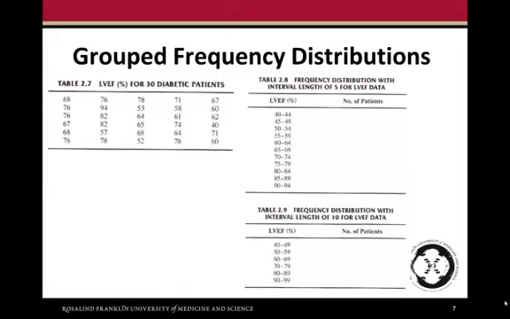The point of this exercise is to compare the importance of these different interval lengths, if you're binning numbers together versus just leaving it as individual values, where each individual value is represented.